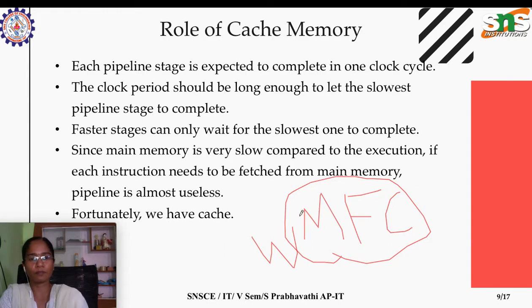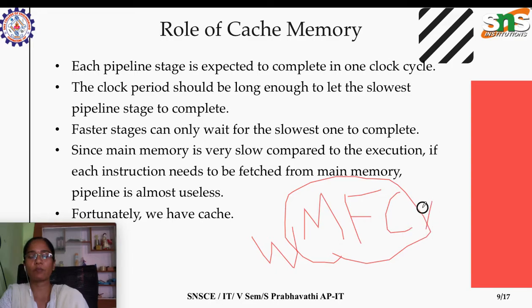So here the role of cache memory comes in. The main memory is very slow, as I said. Instead, we could have the concept of cache memory within the processor, and if we store whatever instructions need to be executed currently in the cache memory, this waiting time could be avoided.